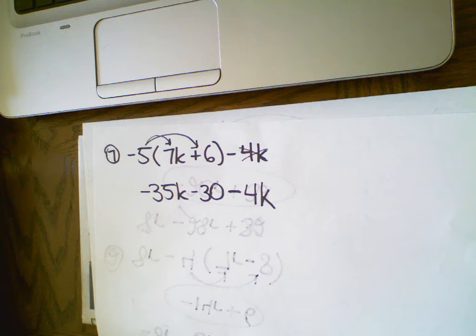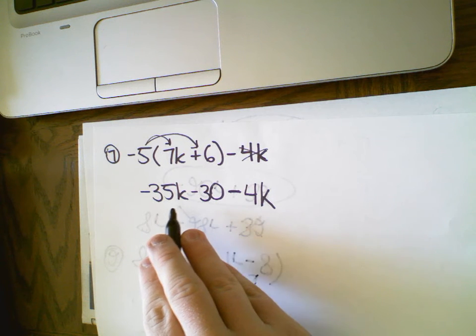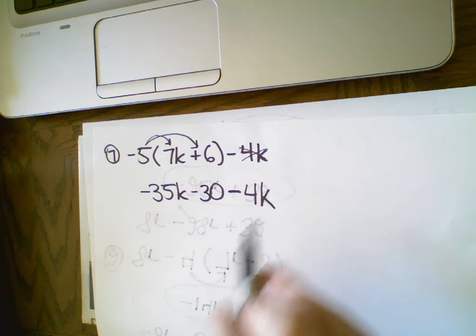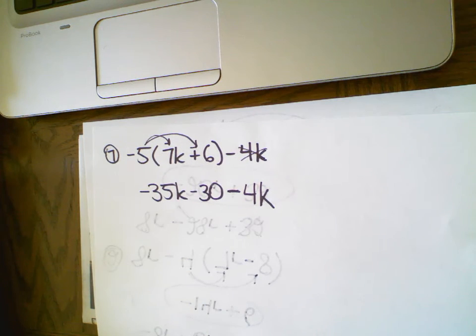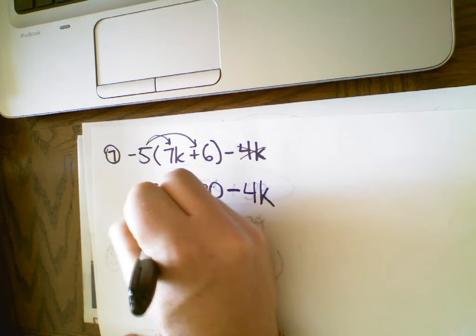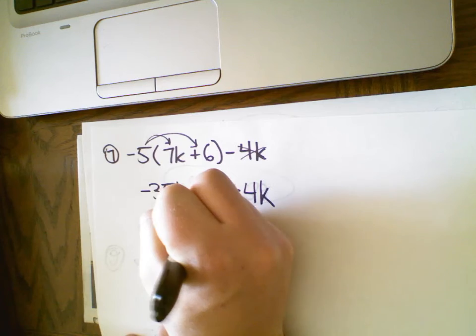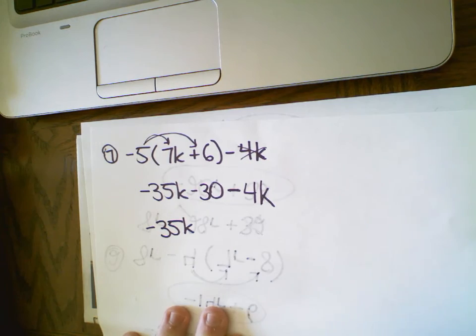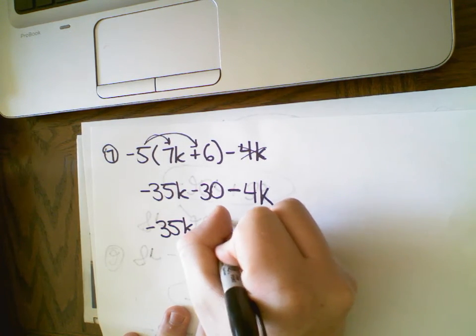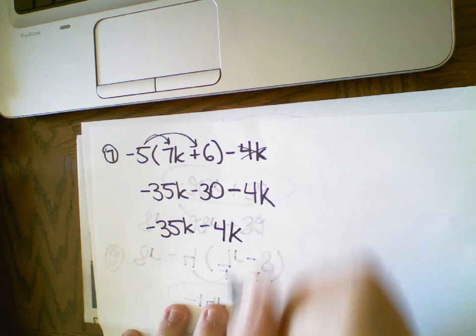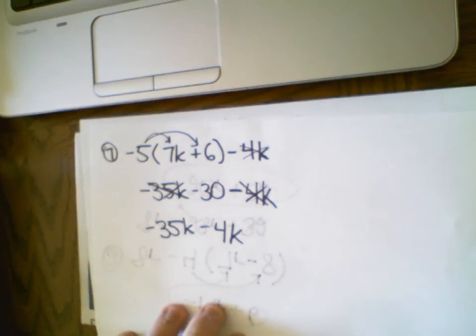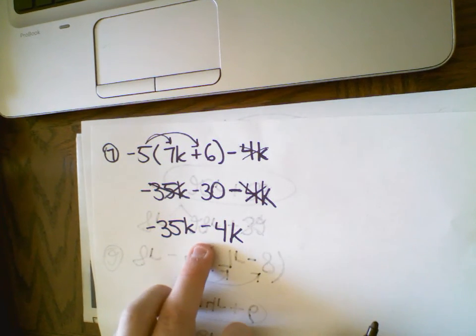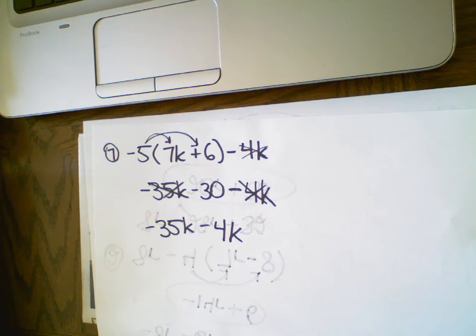You don't need to worry because we can combine -35k and -4k. We just got to bring them down. So I'm going to write it like this: -35k minus, because I want to keep the sign, 4k. Okay? So I'm going to cross those two out. I still have a negative 30 up here. I can't forget about that.